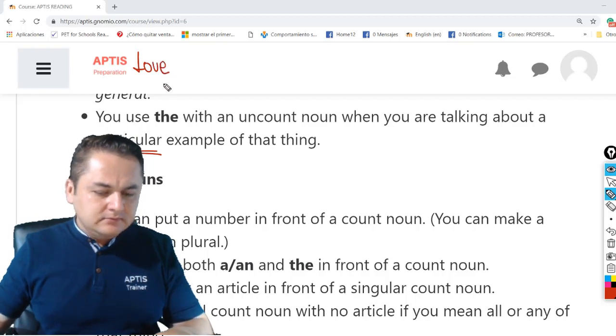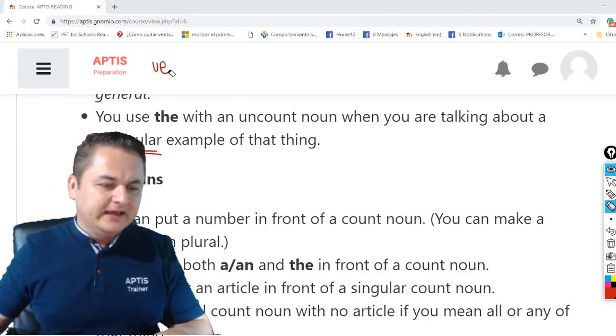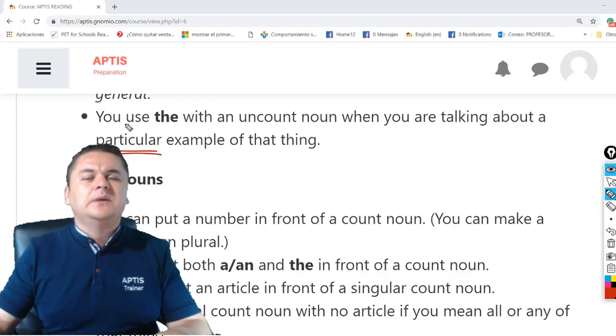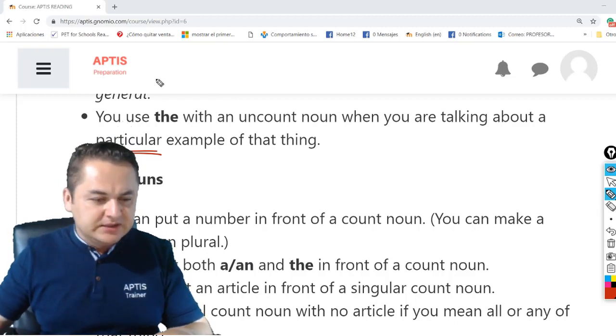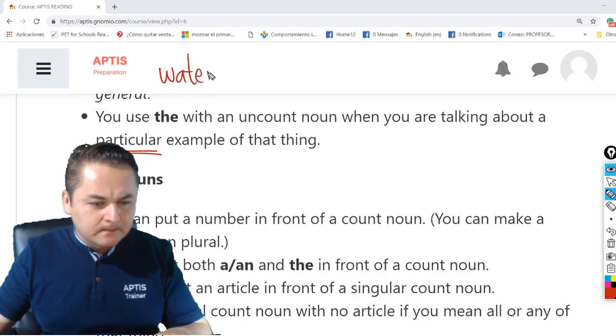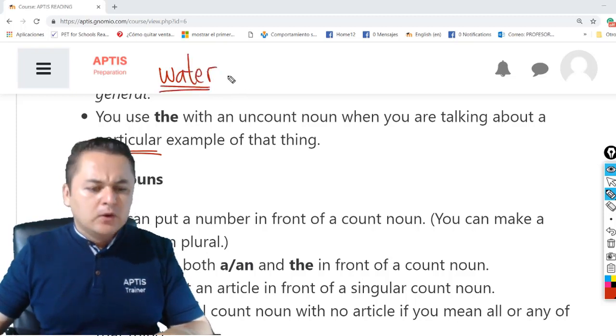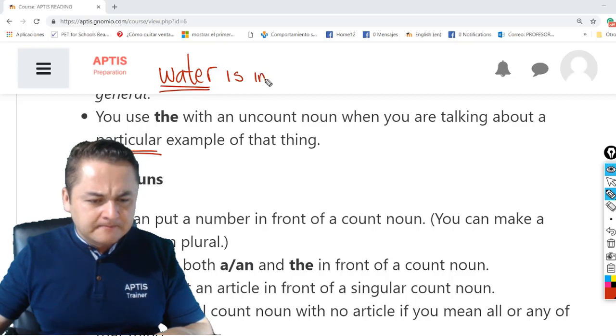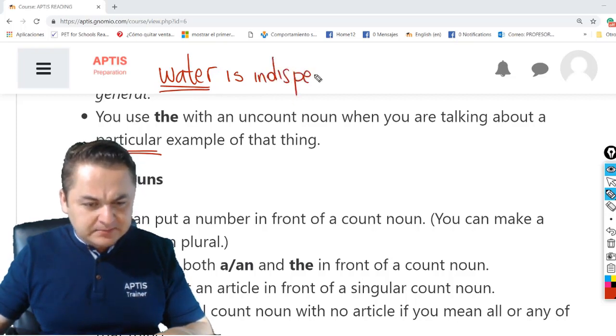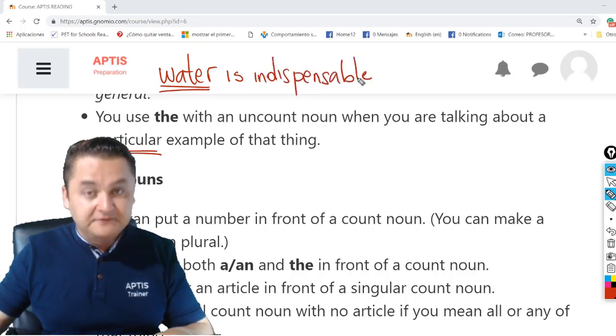Let us think about this. Love, more love. I think I can use different words. Let us think about another one. I am going to think about the concept of water. Water is indispensable for life.